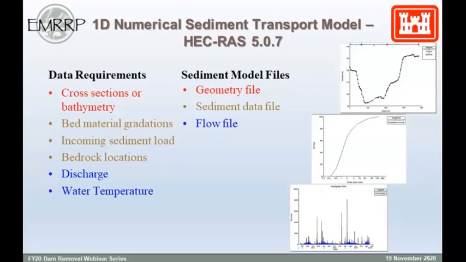Typically the geometry file that you use in the sediment transport model is basically the same file you use for the hydraulics. That geometry file includes cross-section data, but also other parameters required for hydraulic analysis, such as roughness, bank delineation, ineffective flow areas, etc.